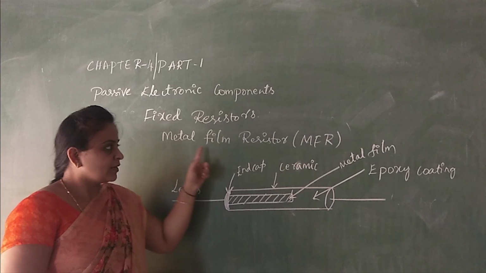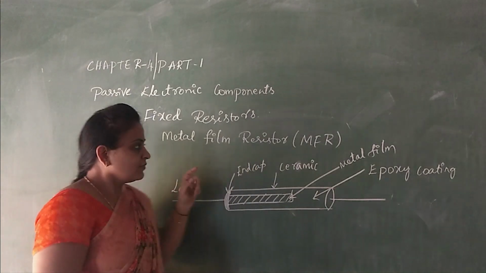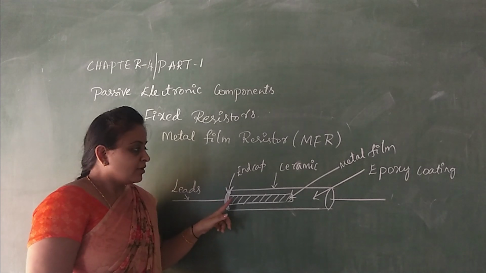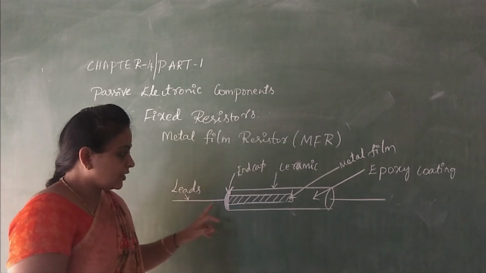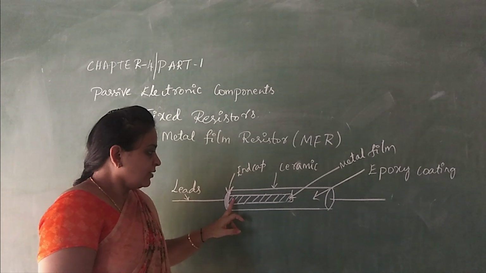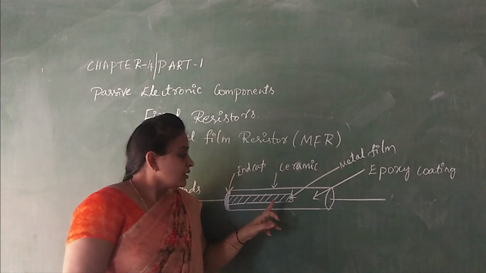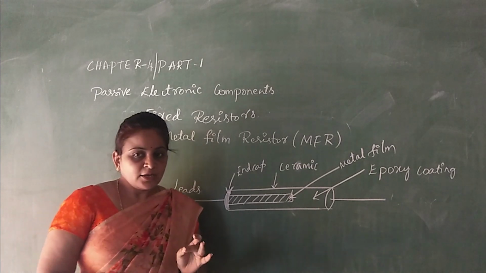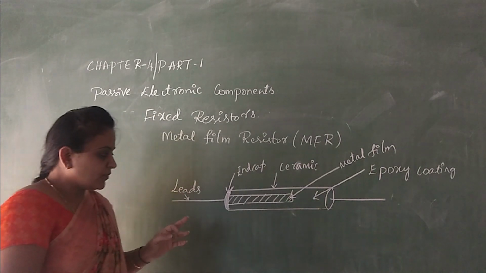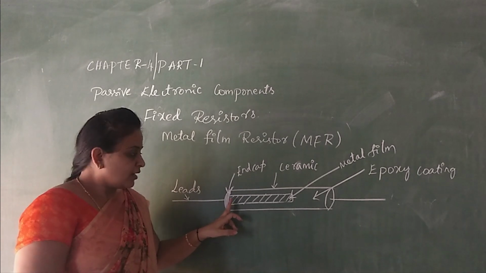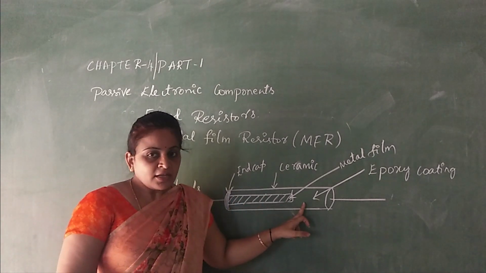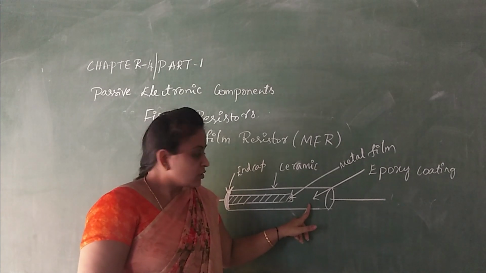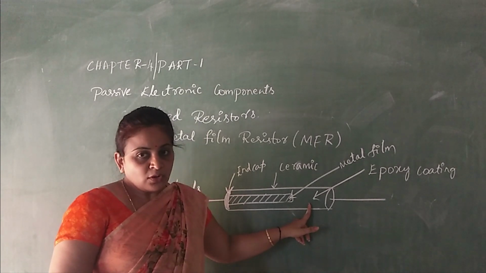Next we have metal film resistor. Metal film resistors are made by depositing a fine film of metal on the ceramic rod. This fine film metal will be metals like nickel, chromium or aluminum. Whenever this metal film is coated on the ceramic rod, the resistance of the ceramic rod becomes almost low, that is near to 0.